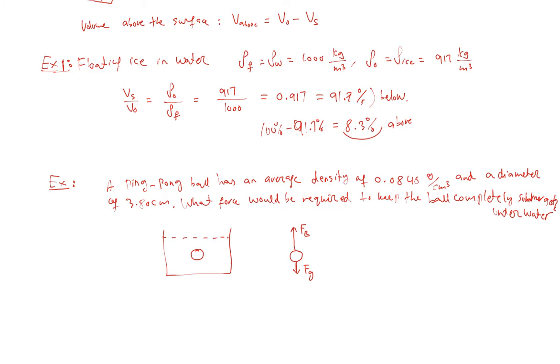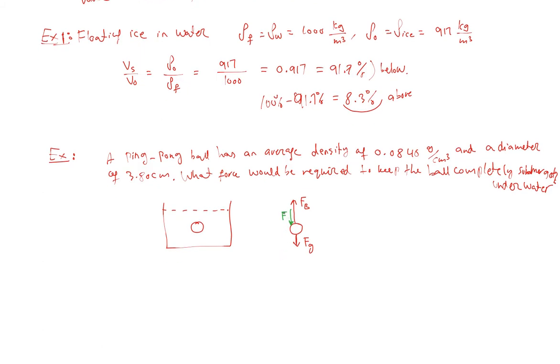To keep it from coming to the surface, we need to apply an additional downward force. Call this force F, so that then it does not come up to the surface. That means the force we need to apply will balance the downward forces and upward forces so that the net force becomes 0. So this problem is asking what is the magnitude of this force F which we need to apply.